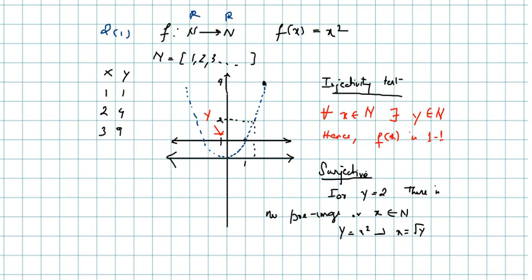So when y is 2, x should be root 2, but root 2 is going to be 1.4, and 1.4 is not an element of N. Hence, for y equals 2, there is no pre-image in the domain.